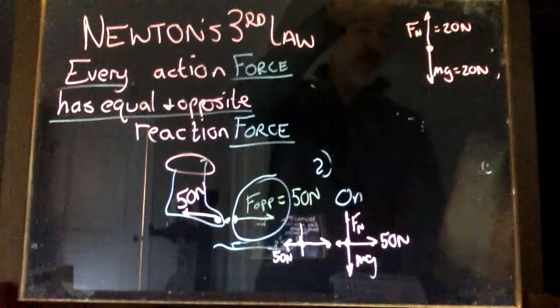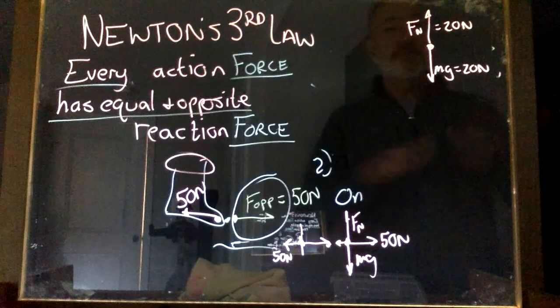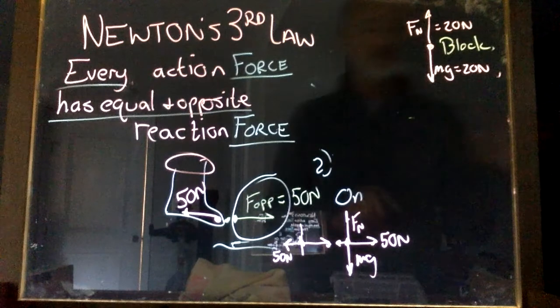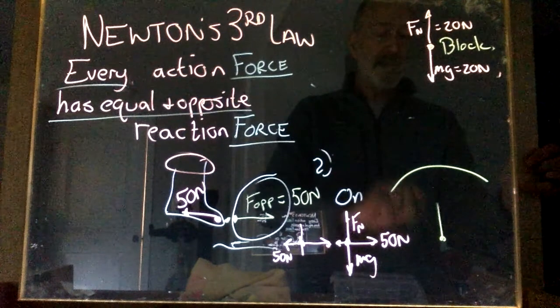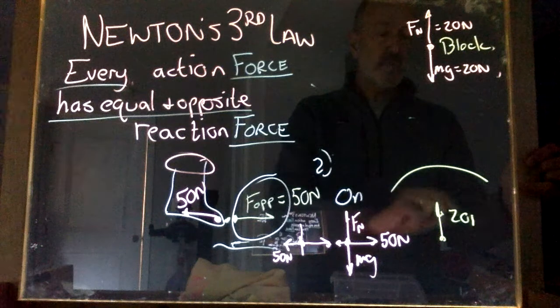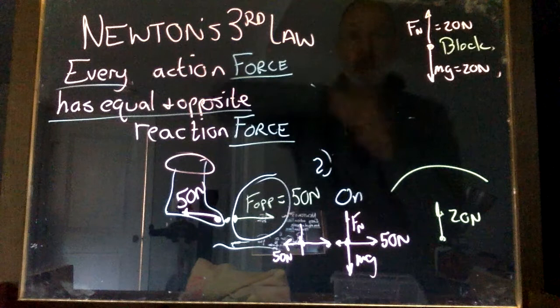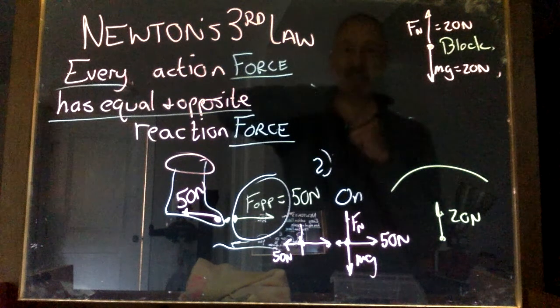So for mg, for the block, here's the free body diagram for the block. For mg, the reaction force is the earth is pulled up with a force of 20 newtons by the block. They attract each other. Remember when we talked about weight? Weight is the planet and the object attracting each other.